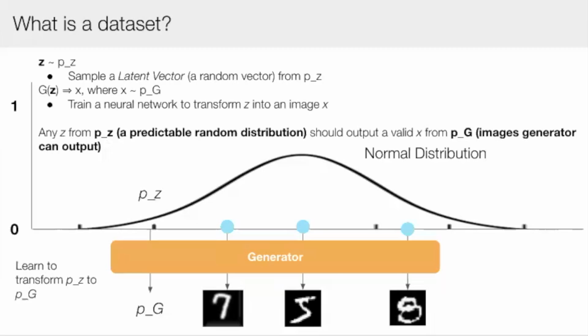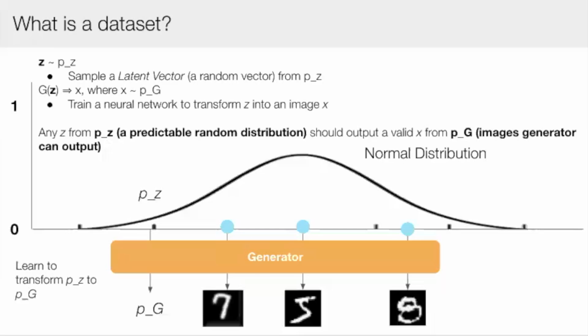So when I see Z squiggly P of Z, that means this latent vector, remember that's a term from autoencoders, this vector, which we'll call a latent, when I say noise vector, I mean a latent vector, is sampled from a bunch of probability distributions, being P sub V, P of V, right?